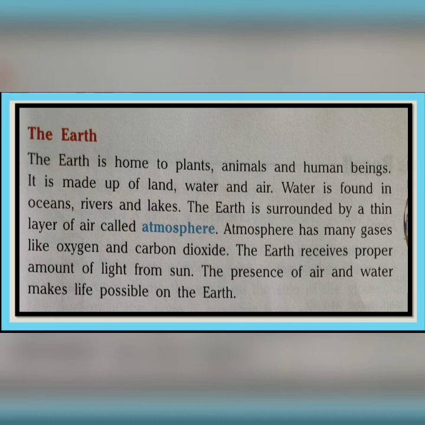And why is our earth appropriate for living things? Because on earth only, air and water can be found, which are essential for living things. That's why the presence of air and water on our earth makes life possible.